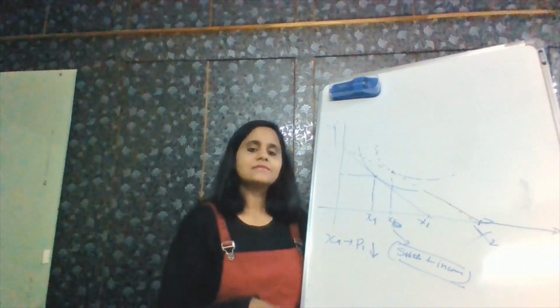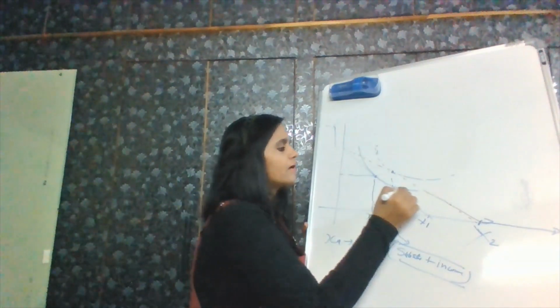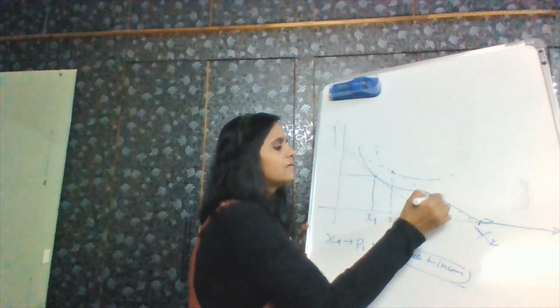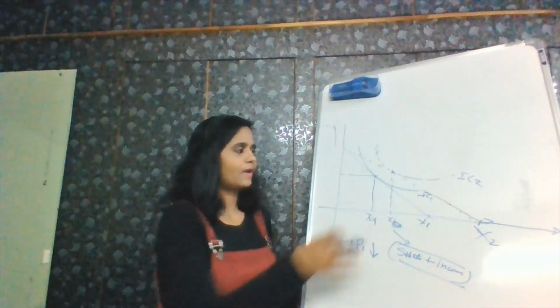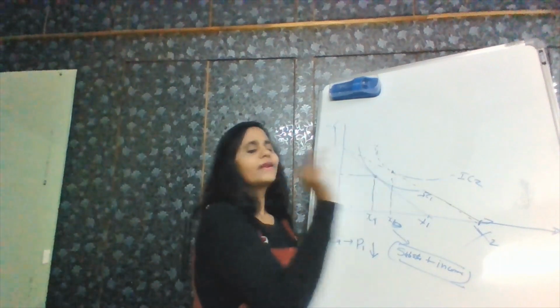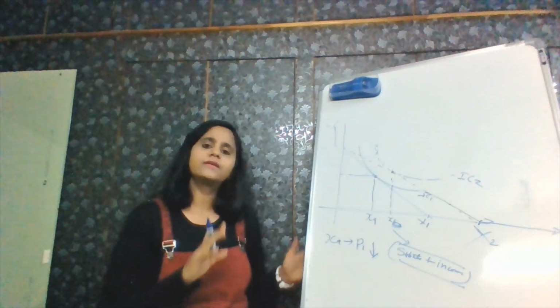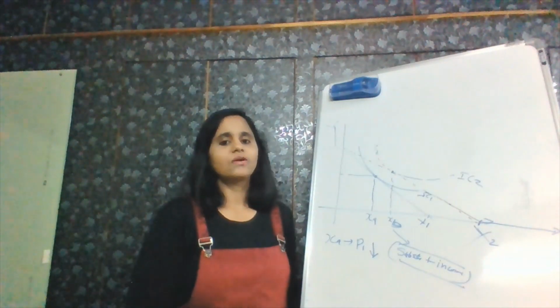Now, in Hicksian, we kept your indifference curve the same and drew a new budget constraint line so that your utility doesn't change. That was the assumption in the Hicksian approach. In the Slutsky approach, purchasing power should not change.